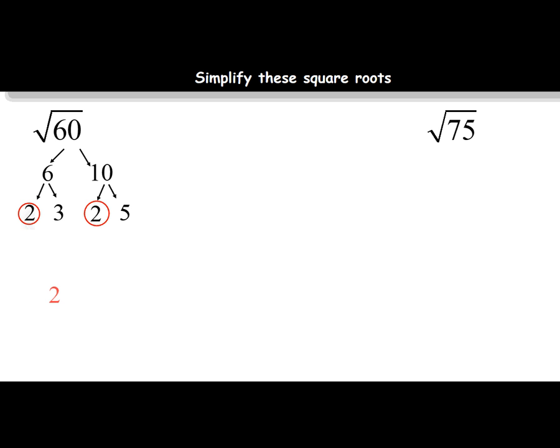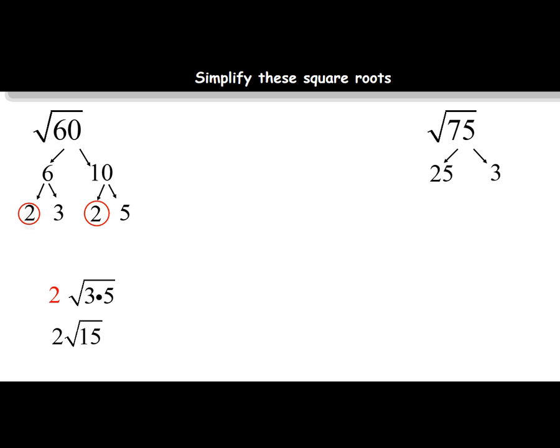So those 2 become one normal 2 out front. Everything else doesn't have a partner, it's going to stay under the square root, and we're going to have to multiply them back together. Here we're going to have the square root of 3 and 5, and we multiply them back together to get the square root of 15. And this is our final answer, 2 times the square root of 15. Try the same thing for the problem on the right, 75.